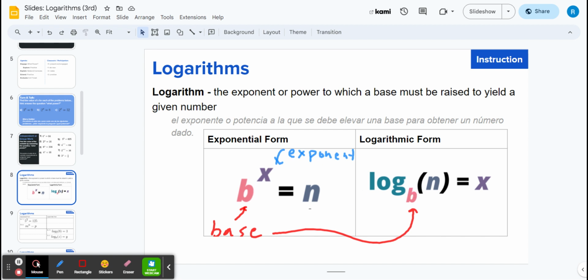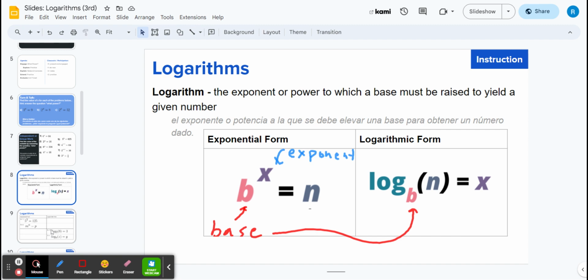My base number b is at the bottom of my logarithm here. We're taking the log base b, and we're taking the logarithm of n. That was our answer in our exponential form. Now it is part of our original problem in our logarithm. And my exponent in exponential form is going to become the answer in our logarithm.